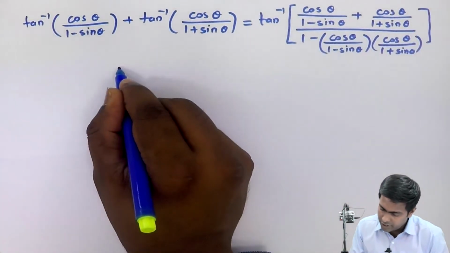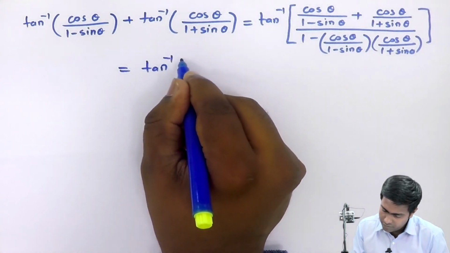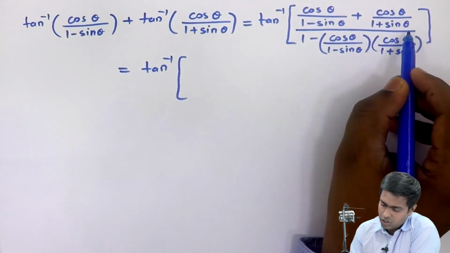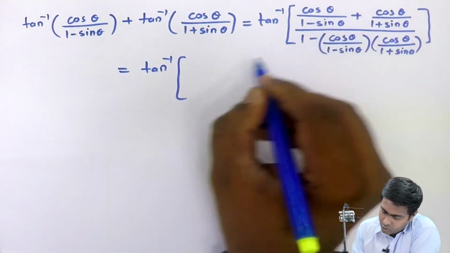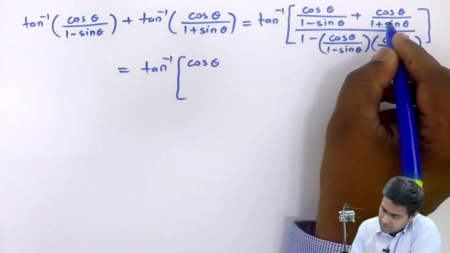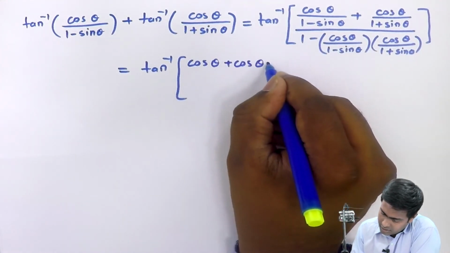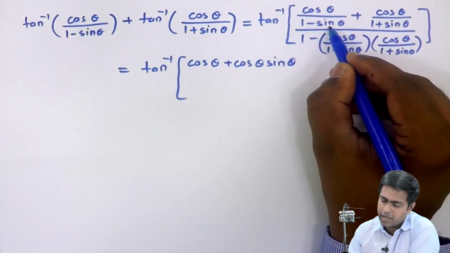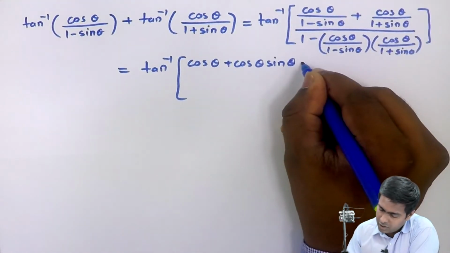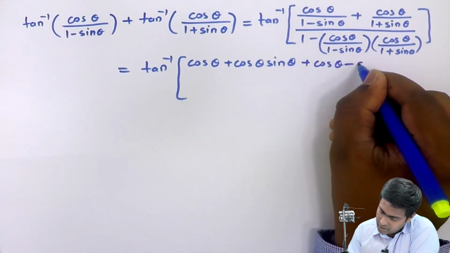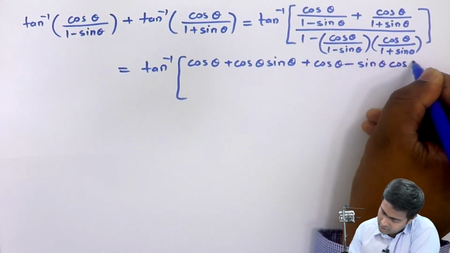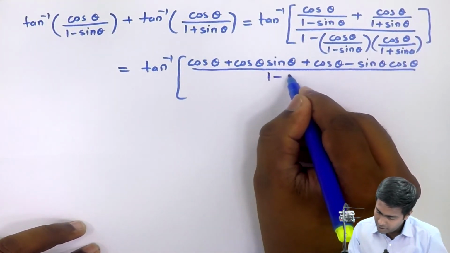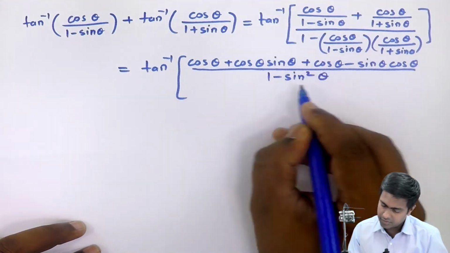Now this will give us tan inverse of, so in the numerator we'll do a cross multiplication, so that we'll get cos theta into 1, that is cos theta, second term cos theta sin theta. Next, by multiplying this 1 minus sin theta with cos theta, we will get cos theta minus sin theta cos theta, and the denominator will become 1 minus sin square theta.